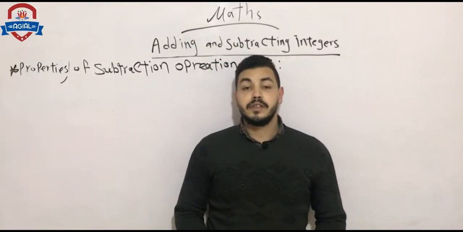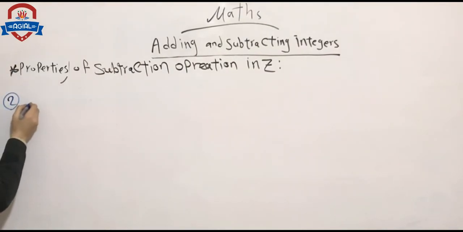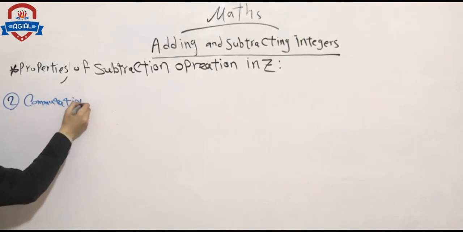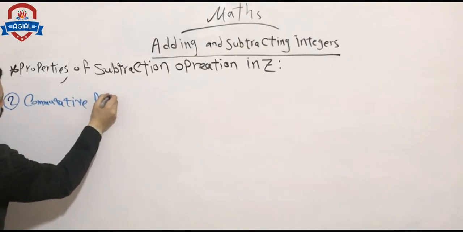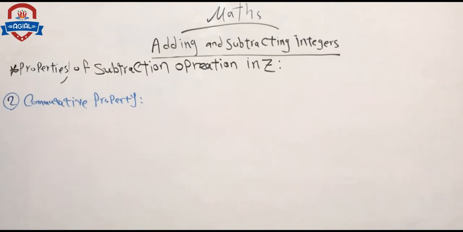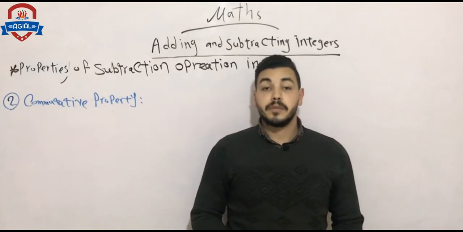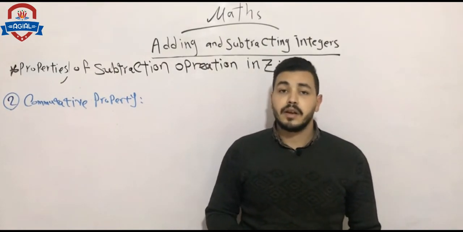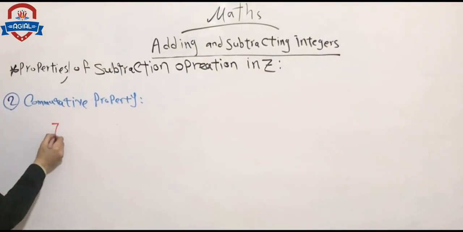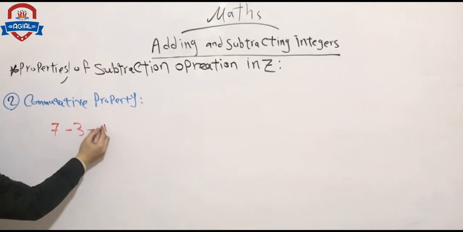Number 2, commutative property. The subtraction operation in Z is not commutative. For example, 7 minus 3 equals 4.